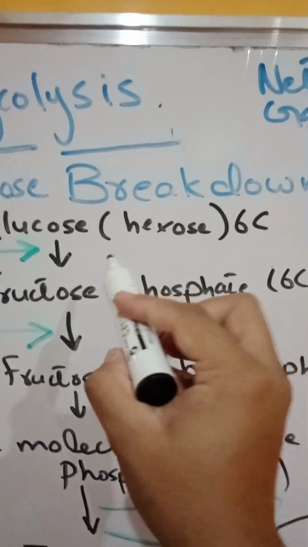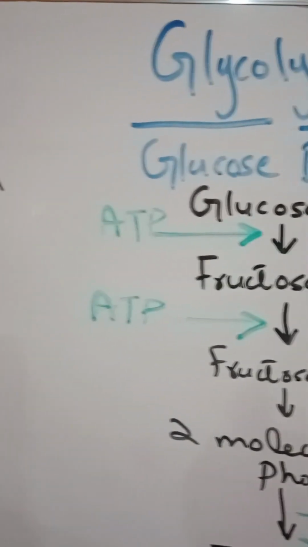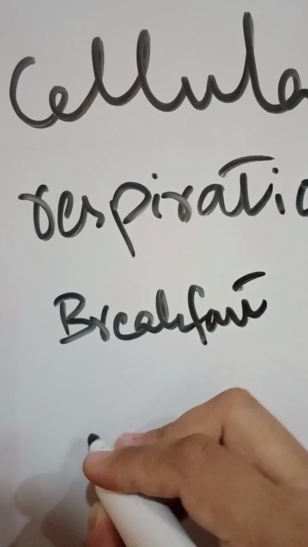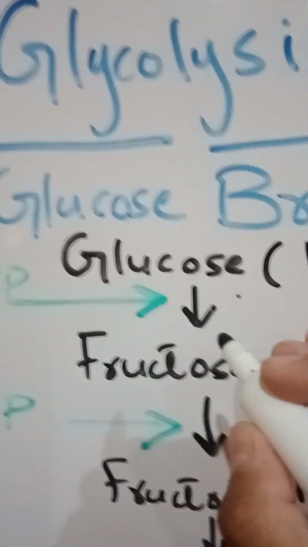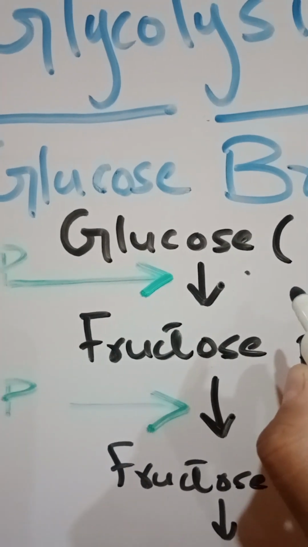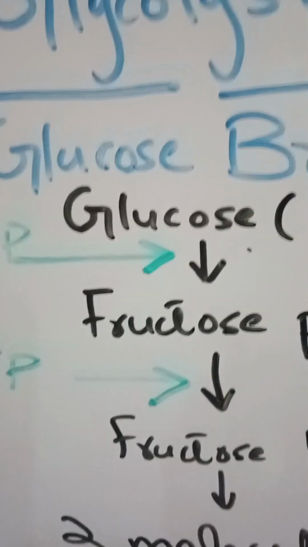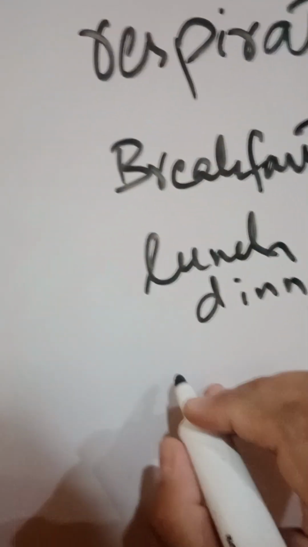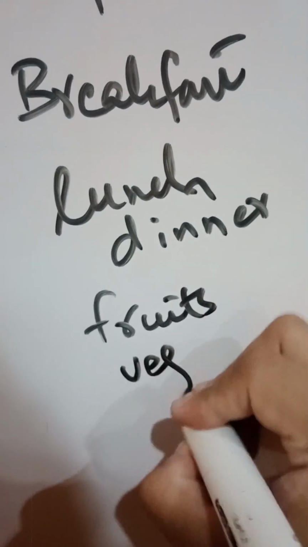First of all, glucose, which we eat during our meals, such as breakfast, your lunch, or dinner, you are consuming glucose in the form of bread, chapati, or sweet potato, etc. All the plant material contains glucose, such as your fruits, vegetables.